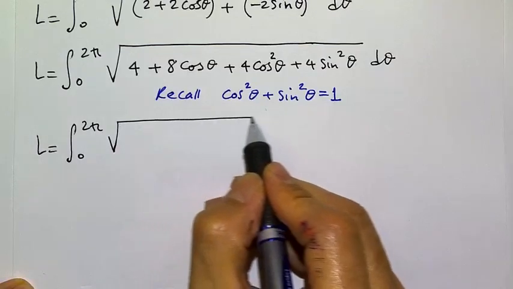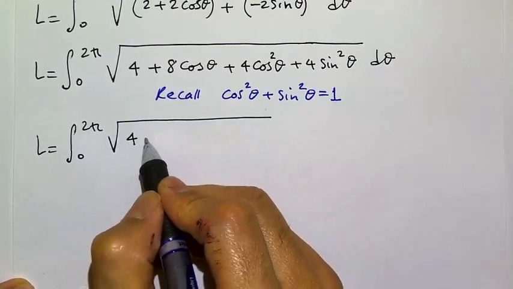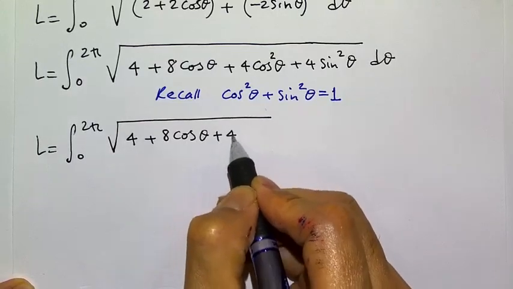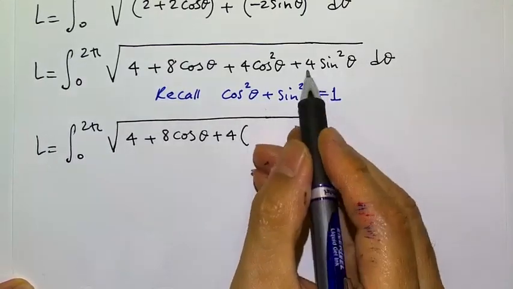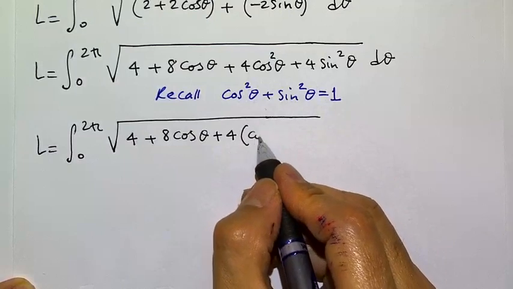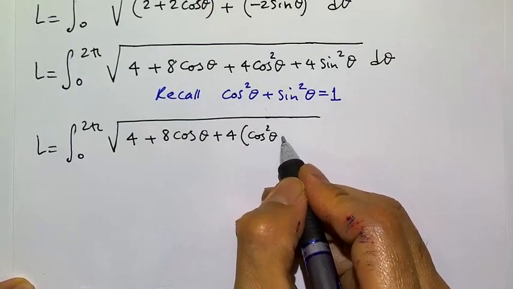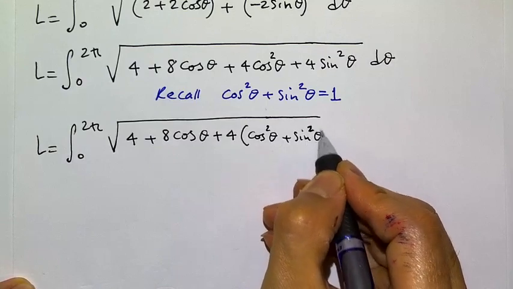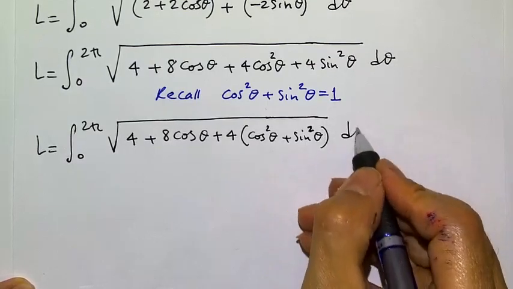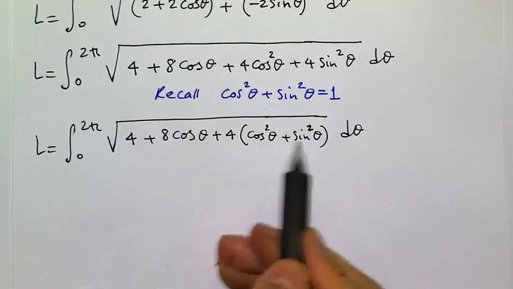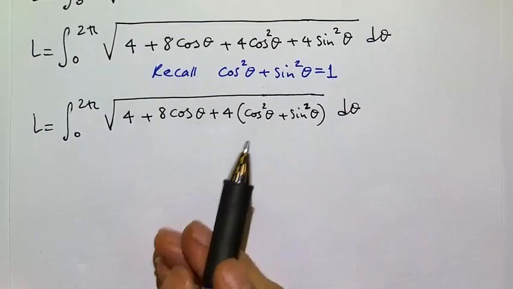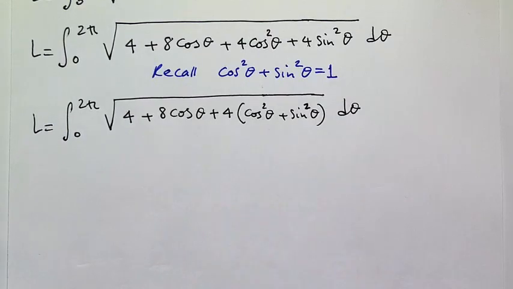I don't want to skip that. So 4 plus 8 cosine theta plus 4 times, I'm factoring the 4 from these two, cosine squared theta plus sine squared theta d theta, right? And of course, this piece is equal to 1. We already noted it. So what are we going to get? This is equal to 1.